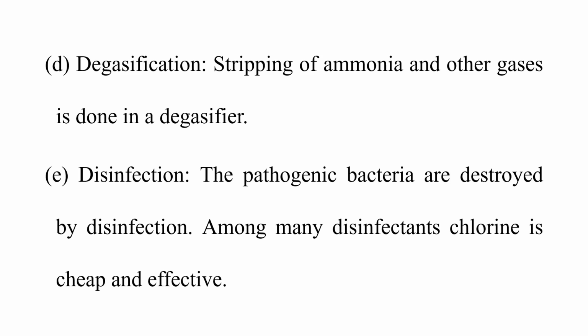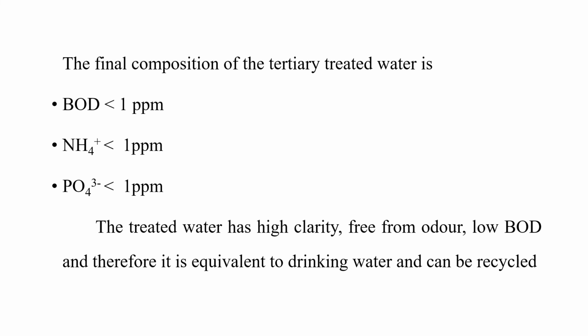By this, you are going to have water with the final composition like this: biological oxygen demand less than 1 part per million, ammonia less than 1 part per million, phosphate less than 1 part per million. So what is the meaning of this?